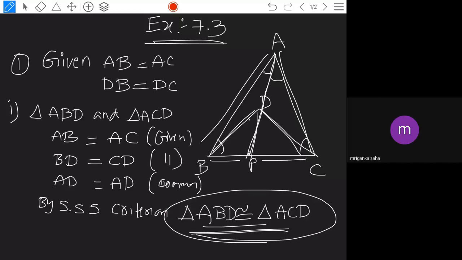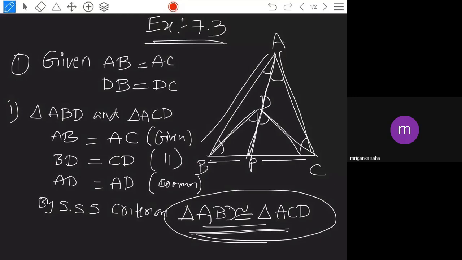So whenever you are saying BP is equal to CP, that is nothing but P bisects BC. P is bisecting BC, right? Because BP is equal to CP. And what is the fourth result? AP is a perpendicular bisector, it says. To prove perpendicular, what you have to do?